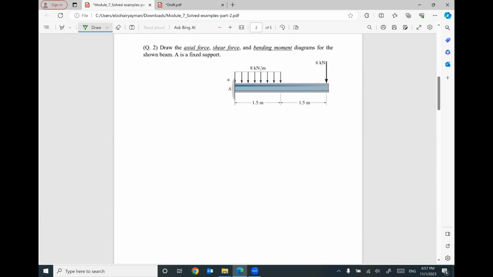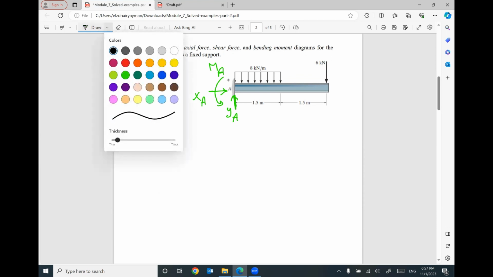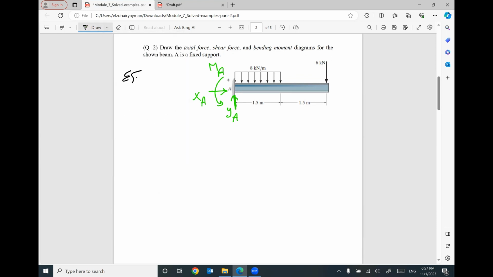We are looking to draw there 3 diagrams, and the A is fixed. We have only one support fixed. So it looks like I will have 3 reactions, YA, XA, and MA. I will apply my 3 equilibrium equations. Summation f of x equals 0. Summation f of y equals 0.